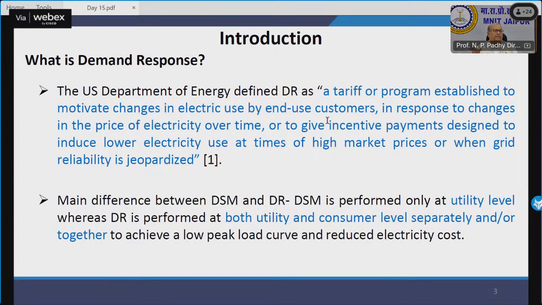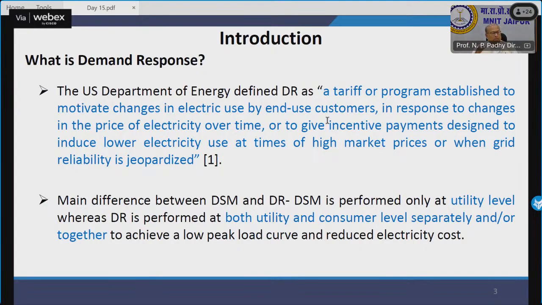Means they can change the consumer behavior by giving different pricing mechanisms or incentive payments designed to induce lower electricity use at a time of high market price or when the grid is jeopardized.